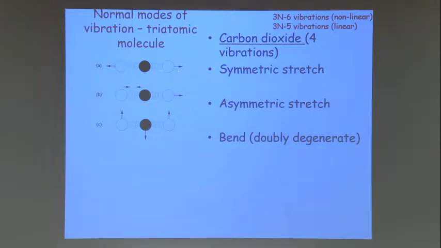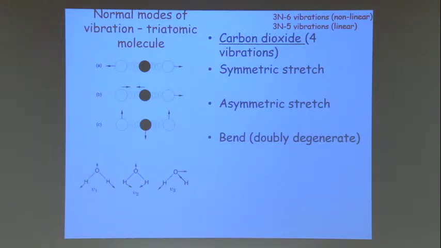There's a symmetric stretch, that one, an asymmetric stretch, that one, where this bond is compressing and that one's extending, and then a bend, which is doubly degenerate. It can vibrate in the plane of the board, or it can come out of the plane of the board. These are called the normal modes of CO2, and we need to know the frequencies of those normal modes in order to do our calculations.